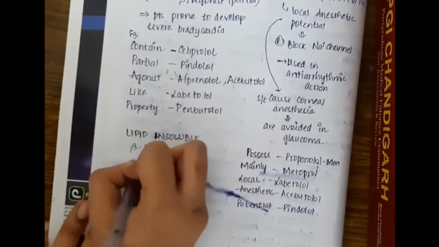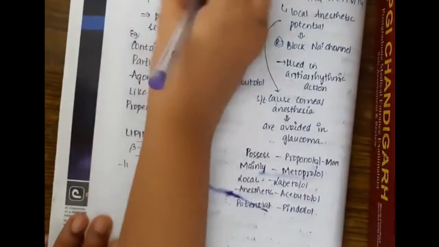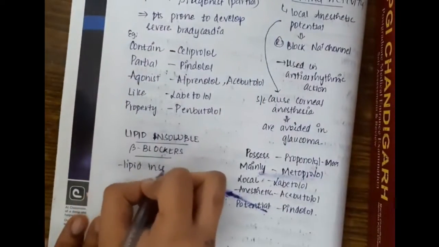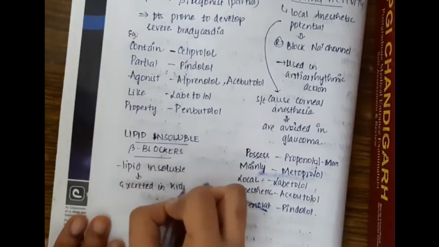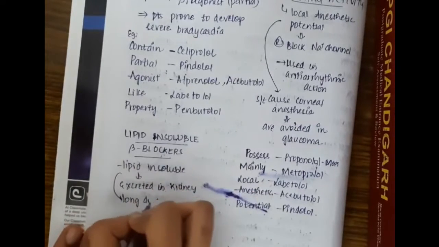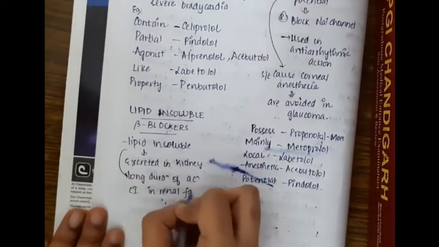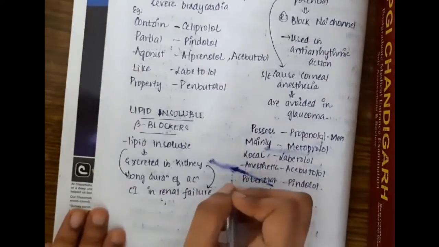Then we have lipid insoluble beta blockers. Lipid insoluble beta blockers are not lipid soluble, and thus they are excreted by the kidney. So they also have long duration of action. Because they are excreted by the kidney, they are contraindicated in renal failure.